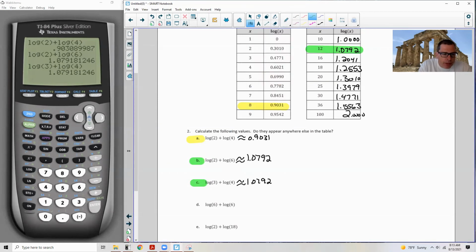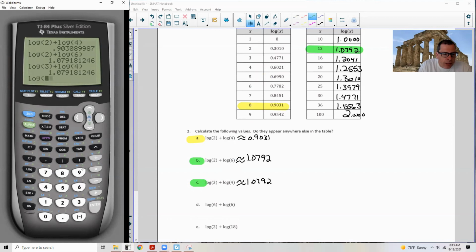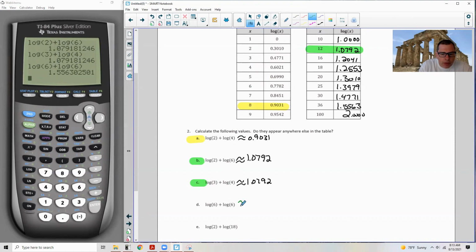Log of 6 plus log of 6 gives me an approximation of 1.5563. And there it is right there. So I will switch my highlighter to turquoise. There's 36.